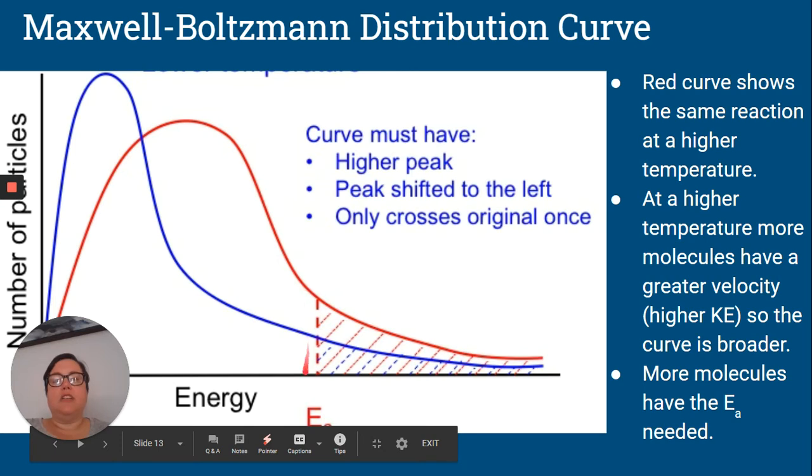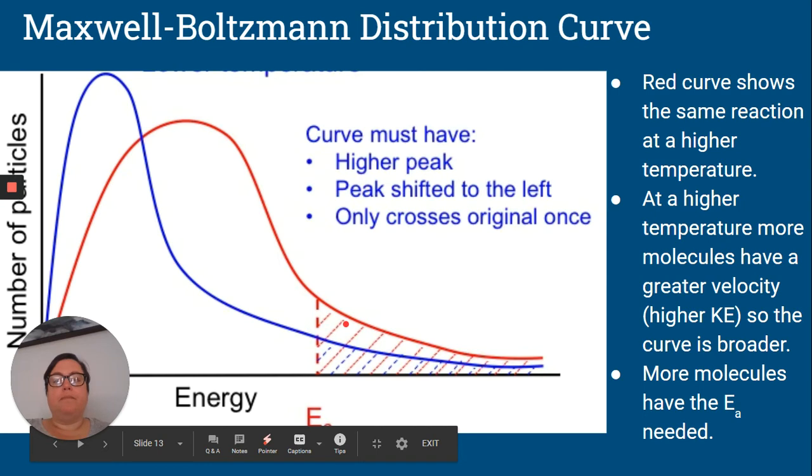The activation energy doesn't move on this line unless you're adding a catalyst, so it would be the same for that reaction at the two different temperatures. But you can see that the amount of particles that have that amount of energy does change. That area changes.